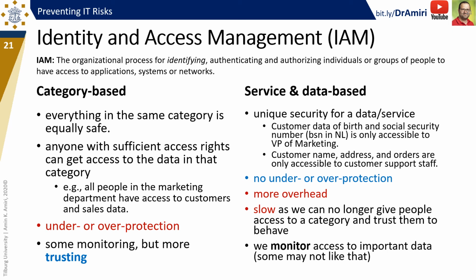A kind of competing IAM approach would be to have security at the level of service and data, which means that for each data point or for each service, you define which person or which role can have access to that kind of data.